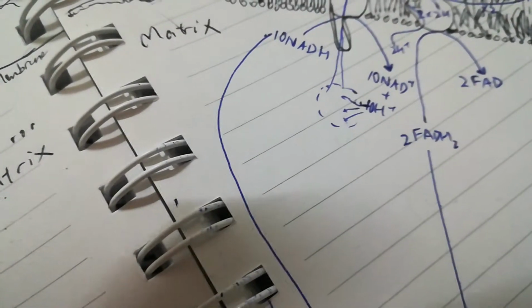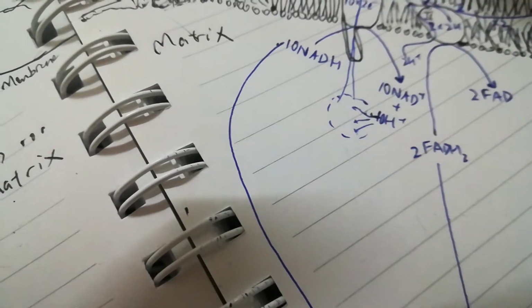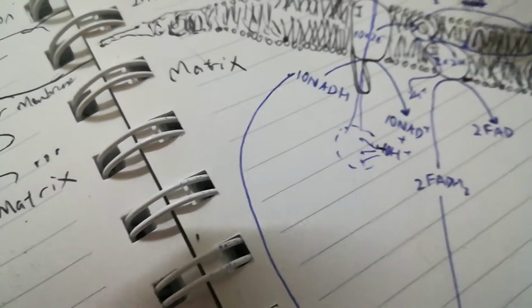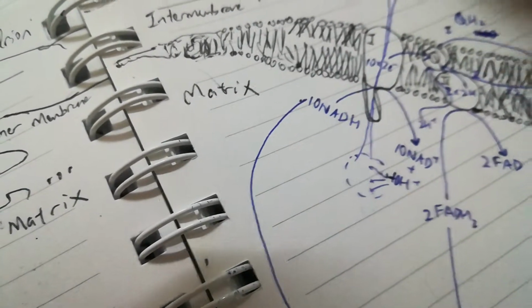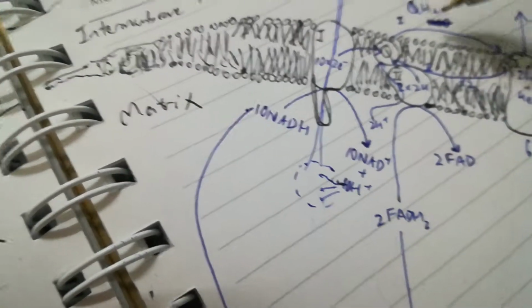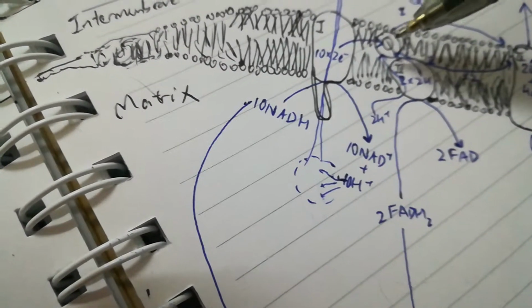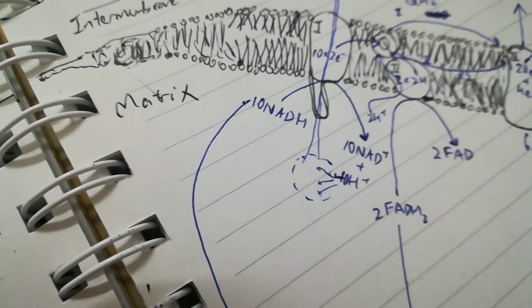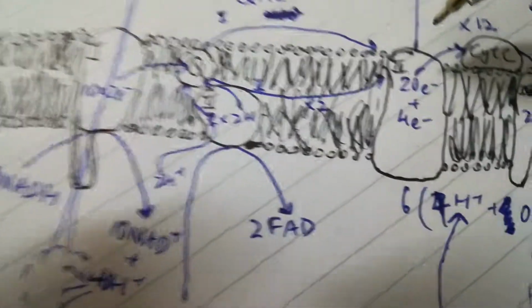Now, the electrons are shuttled via this ubiquinone again, and then the ubiquinone accepts 2 H pluses from the matrix to form this QH2 again, and then it transports the electron to ETC number 3.